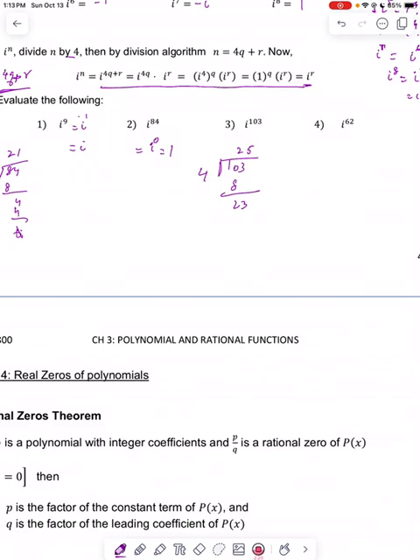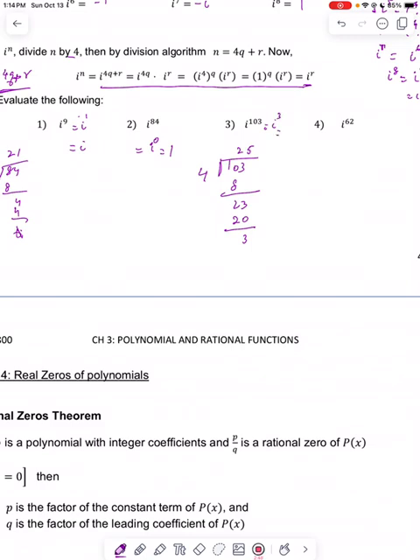So we are left with 3 as a remainder. So this will be the same as i to the 3, which is equal to negative i.